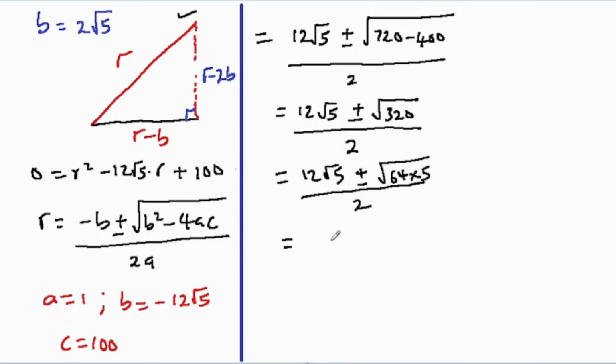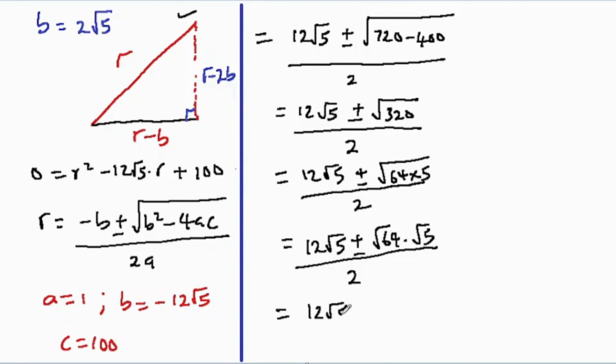Then we have 12 root 5 plus or minus the square root of 64 multiplied by the square root of 5, everything divided by 2. So what do you have? You have 12 root 5 plus or minus the square root of 64, that's 8, so 8 root 5, divided by 2.